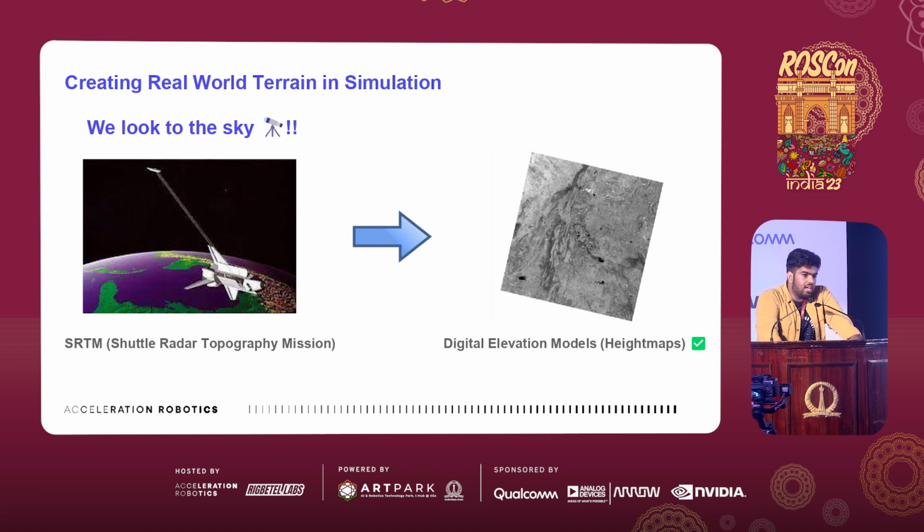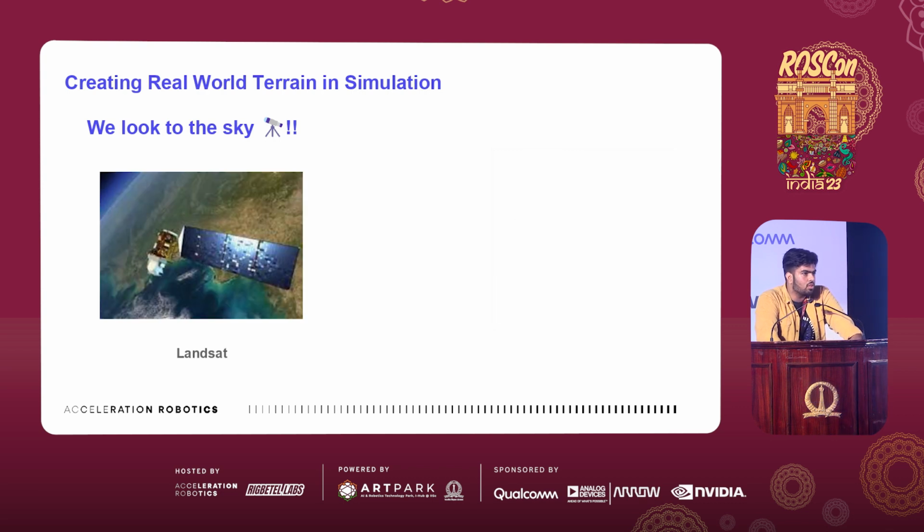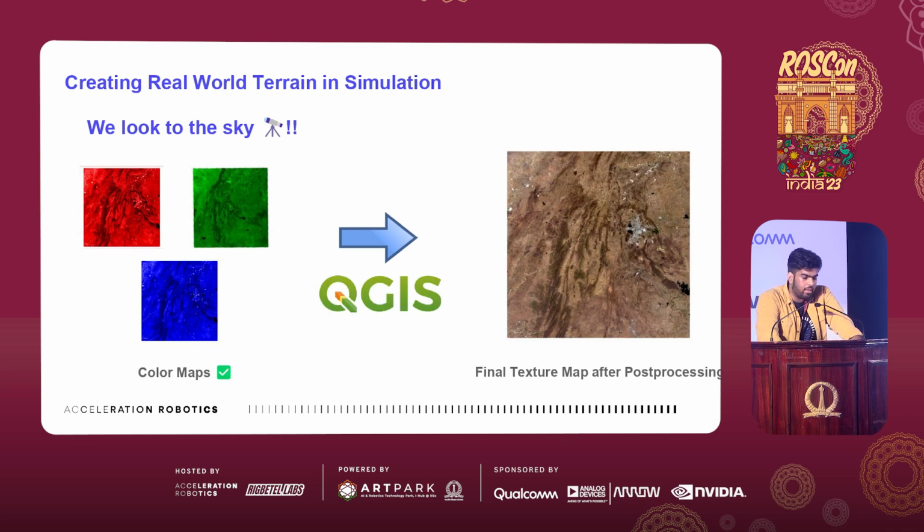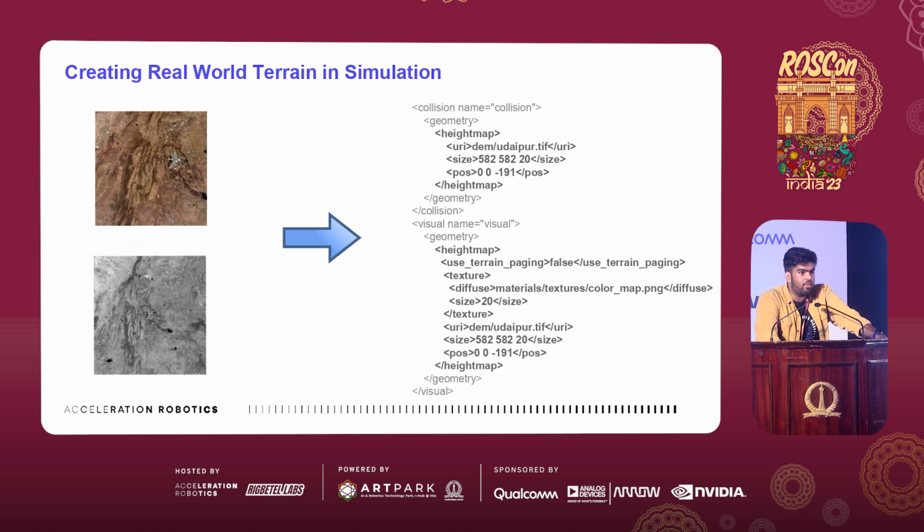That's how we can get the digital elevation maps. And for the color data, we have Landsat. Obviously, everyone knows that. Using the color data, we can generate the final texture maps in QGIS format. After combining these two, the textures and the height maps, we can add those in the SDF format for the simulation, and we can create something like this.